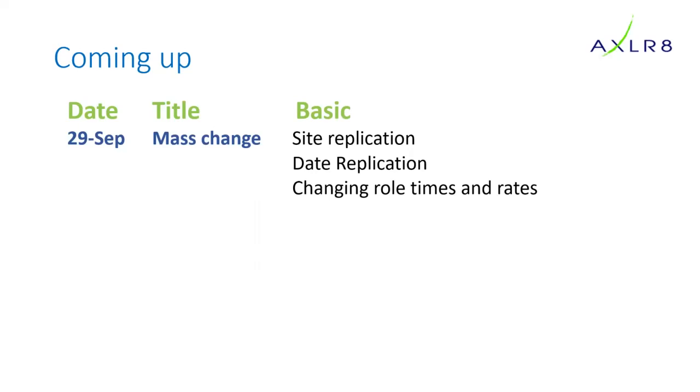Date replication is where there are various different ways of saying, I'm doing this on Tuesdays, Wednesdays, and Thursdays, and I now want that to apply to 1,500 other weeks during the year, or you've done a month in September this year and you want to do the same campaign next year, or you did a spring event and the customer comes back and says, can you do the same thing in summer, and so on. So there's all sorts of date replications and ways to bulk update the shifts.